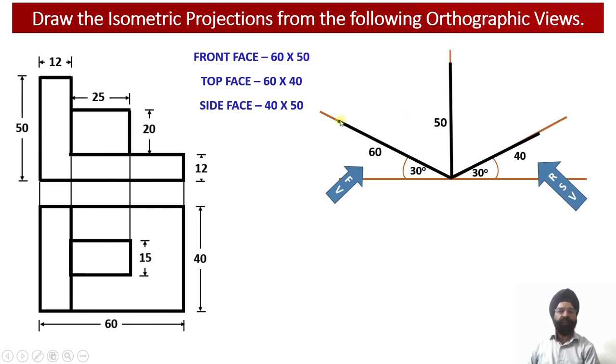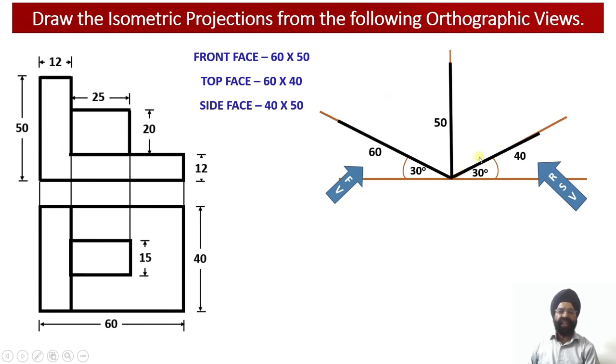So the front face will be constructed in the xy plane. This is the x isometric axis, this is the y isometric axis. So within this xy isometric plane, we are going to get the front view of the solid.